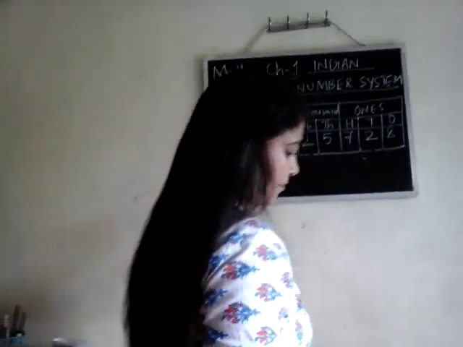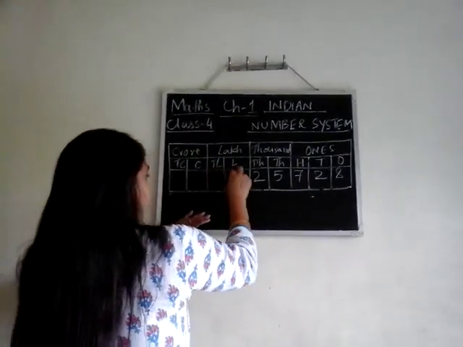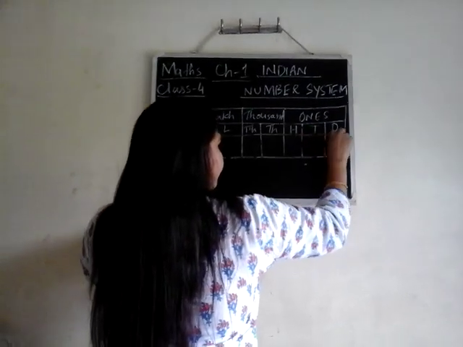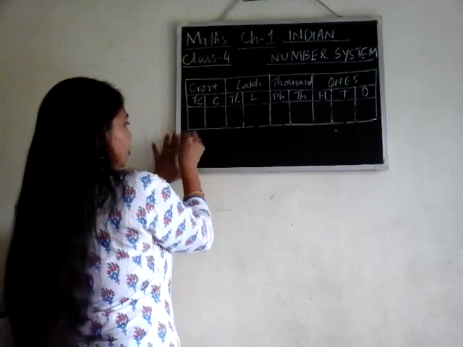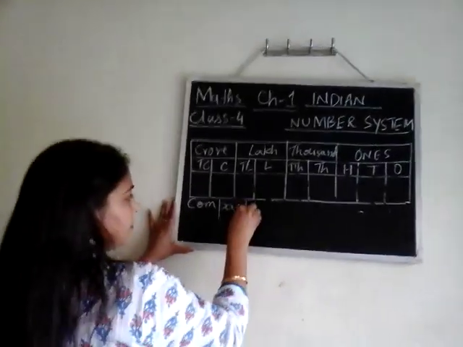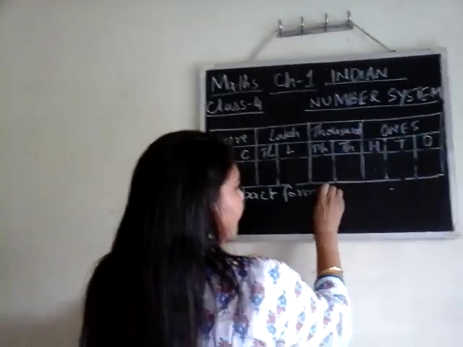So let's take one more example. We will rub here, this one. Now the next topic is compact form. Okay.